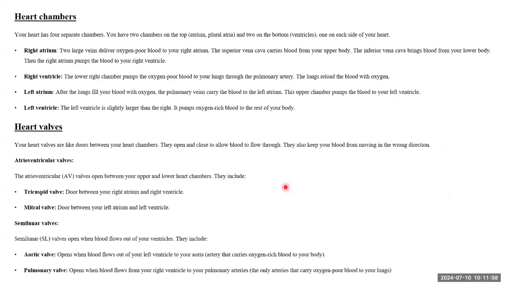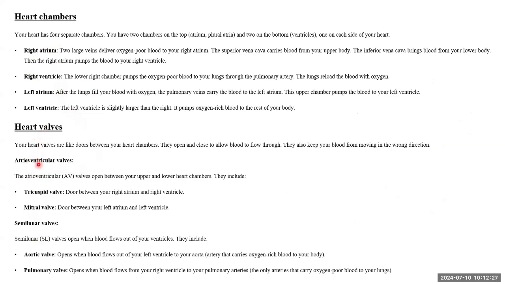Moving to the next, there are heart chambers, which I already told you are the right atrium, right ventricle, left atrium and left ventricle. Then there are heart valves. Basically, there are two types of valves: atrioventricular valves and semilunar valves. Atrioventricular valves literally mean the valves that connect the atrium and the ventricle.